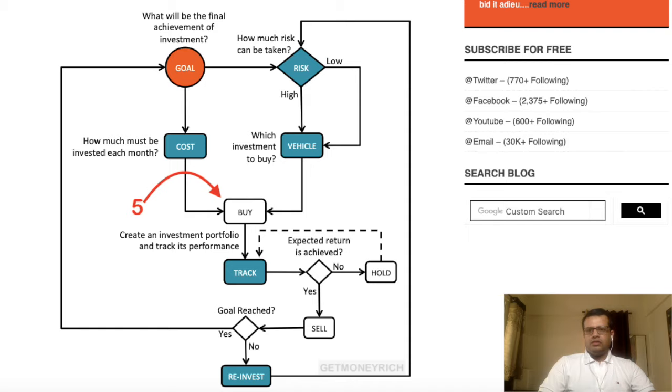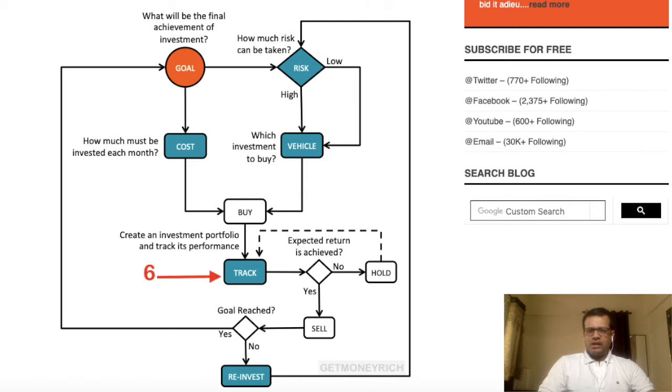Once you have bought an investment, what is the next thing we have to do? The next thing is you have to track your investment. Very essential ingredient. And what we are doing by tracking the investment? We are tracking whether our expected rate of return has been achieved or not. What does it mean? See, in this step of risk return analysis, we have finalized a suitable return for ourselves, for our investment.